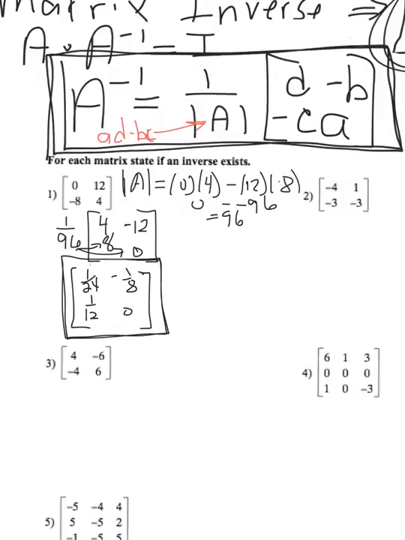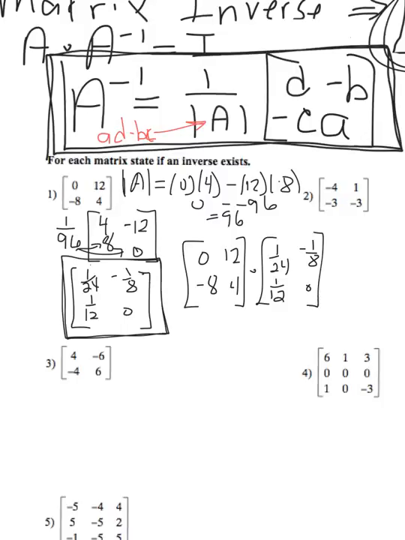Okay, now I want to prove that. So what I want to do now is take the original matrix times the inverse matrix, and it better give us the identity matrix or something is wrong. So let's take 0, 12, negative 8, 4, multiply that times 1 over 24, 1 over 12, negative 1 over 8, and 0, and see what happens.